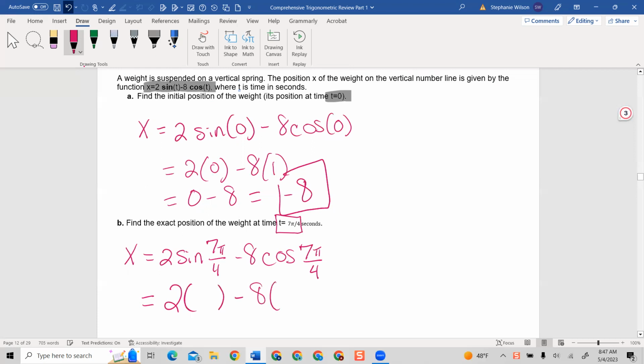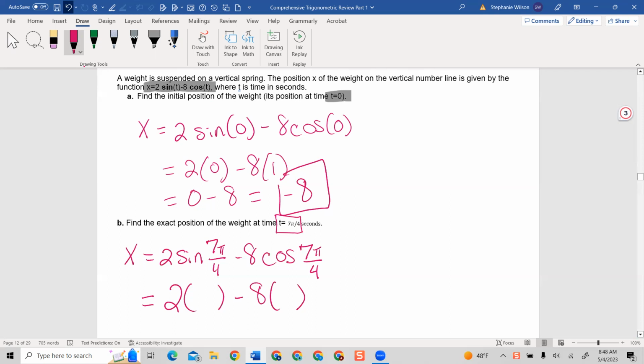If you've got it memorized, that would be great too. Let's go ahead and get our answer. If you use the calculator and you're not going to the unit circle, make sure you're in radians. If you do go to the unit circle, that's fine too, or if you've got it memorized, that is fantastic.